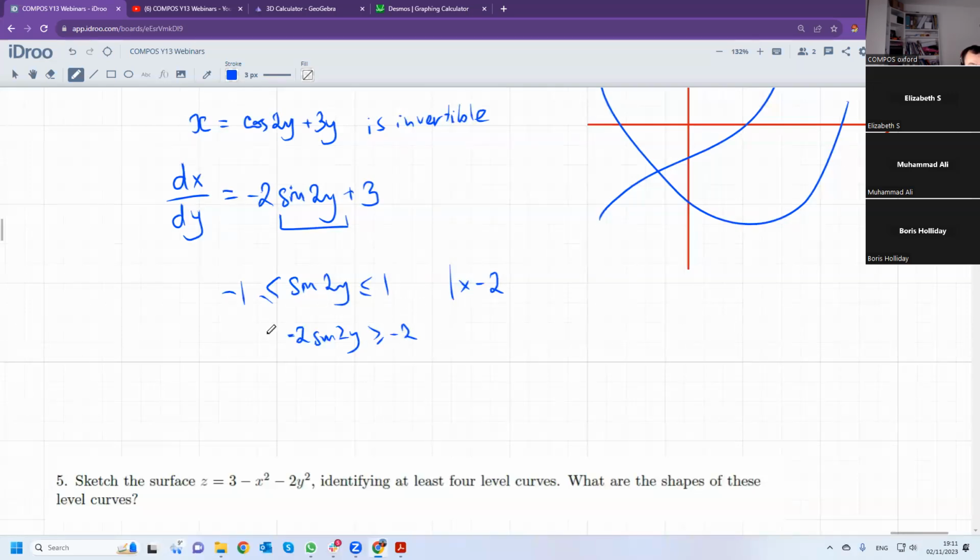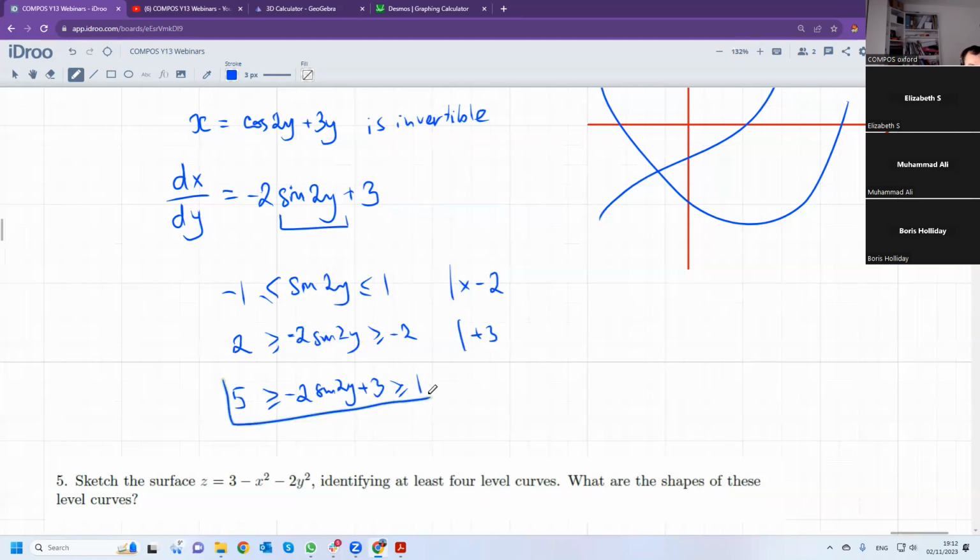So -2 to 2. And then we add 3. We add 3 and we get 1 to 5. So minus 2 sine 2y plus 3 is greater than or equal to 1 and less than or equal to 5.